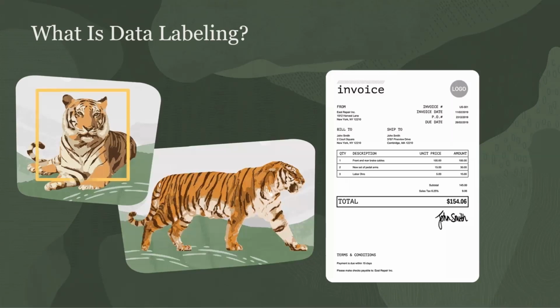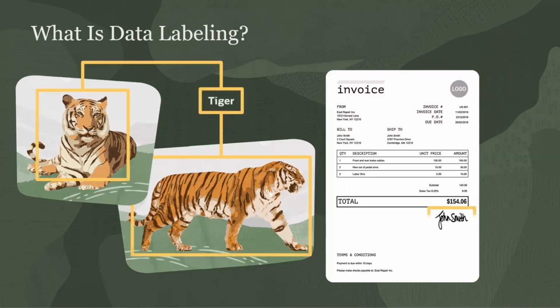For example, 100 labeled images of various tigers or signatures can teach an AI system how to locate additional tigers or signatures in unlabeled photos or documents. Many machine learning or ML techniques require labeled data before they can be used to train machines to complete a task autonomously. Data labeling is therefore an integral part of an AI ML project.